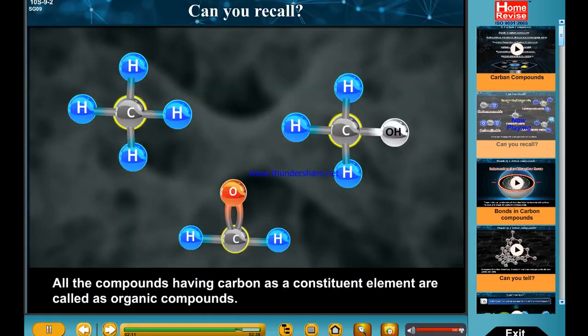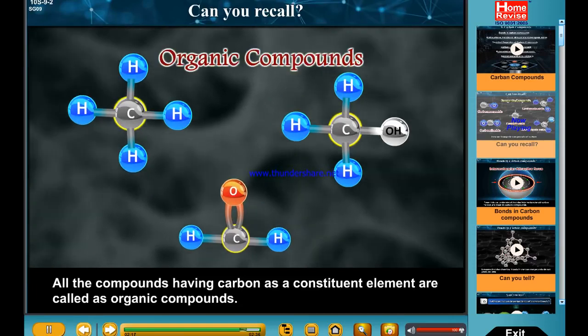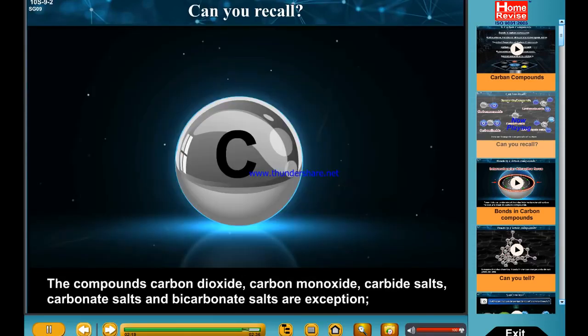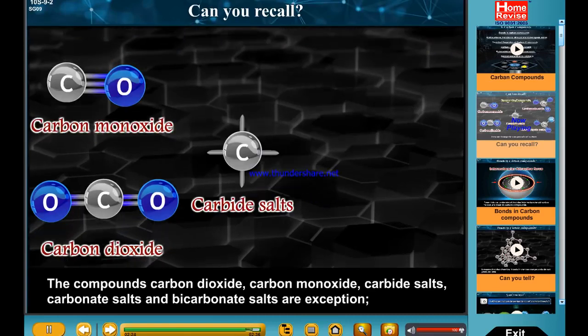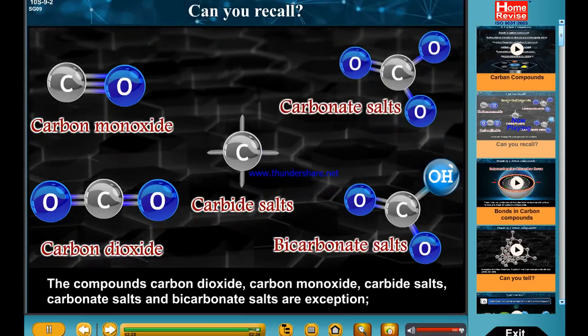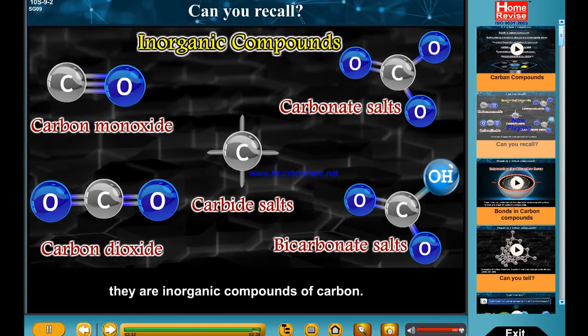All the compounds having carbon as a constituent element are called organic compounds. The compounds carbon dioxide, carbon monoxide, carbide salts, carbonate salts and bicarbonate salts are exceptions. They are inorganic compounds of carbon.